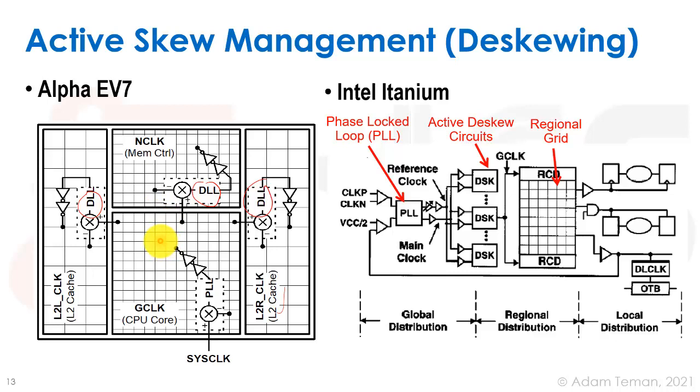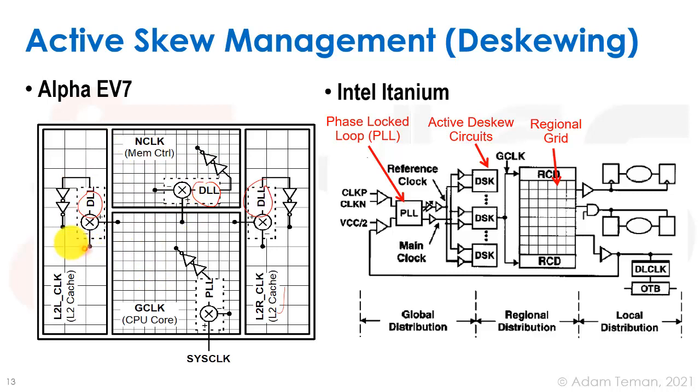But one of the approaches that's very commonly used, and it was first shown by the Alpha EV7, also used by the Itanium, is to actually have local areas of low clock skew. So in this case, we had these local clock meshes on different parts of the chip, and we routed our clock to the middle of these areas, and had a clock mesh over here, which is an easier clock mesh to implement because it's on a smaller area.